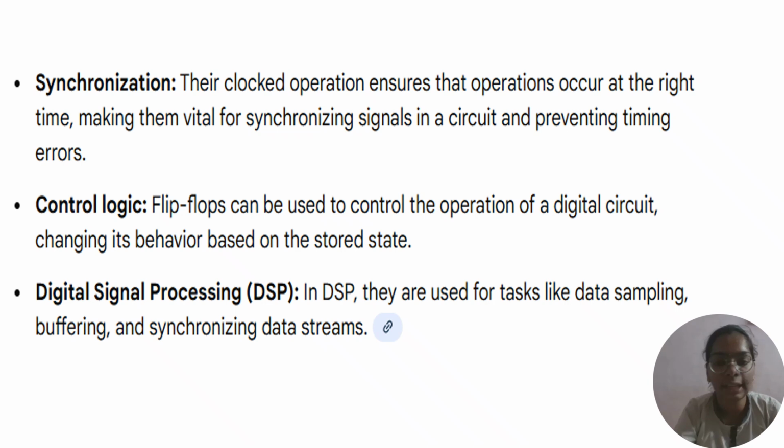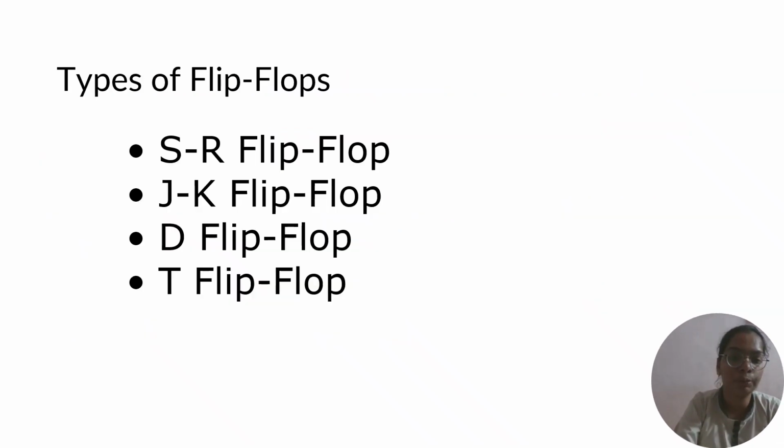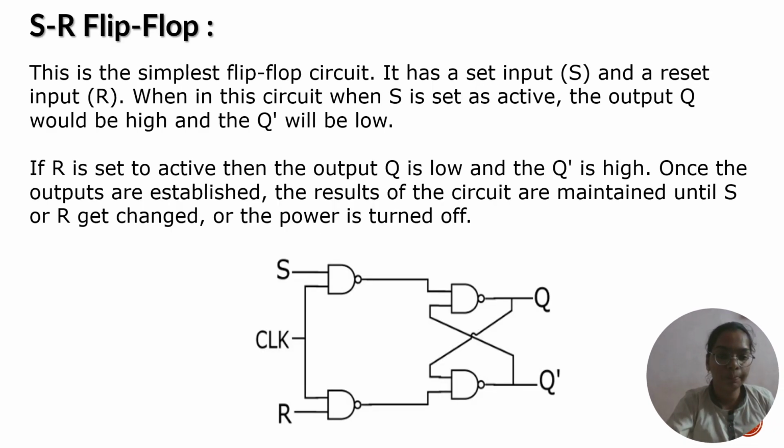Let us discuss about the types of flip-flops. There are four types of flip-flops: SR flip-flop, JK flip-flop, D flip-flop and T flip-flop. First we discuss about SR flip-flop. This is the simplest flip-flop circuit. It has set input and reset input.